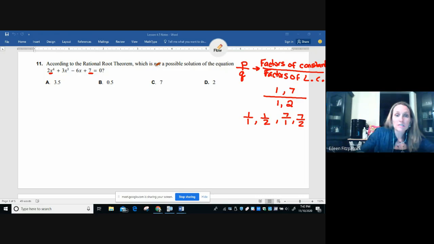So when you're asked which is not a possible solution of the equation, well, these are the possible solutions. Not that they are all solutions, but they're possible. So 1 is a possible solution, 1/2 is a possible solution, 7 is a possible solution, and 7/2 is a possible solution. So we said 1 is a possible, 7 is a possible, so that's not going to be the non-solution.